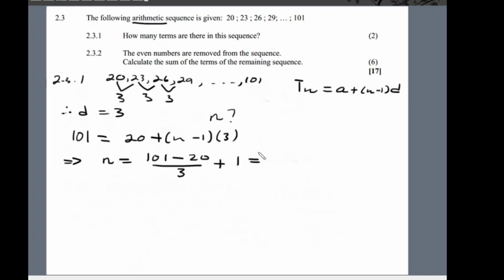Punch it into your calculator and you will find that n is equal to 28. So there are 28 terms in the sequence.